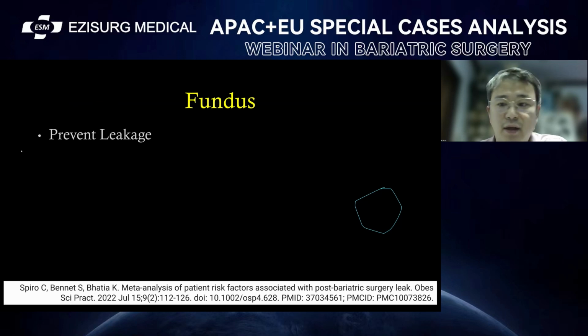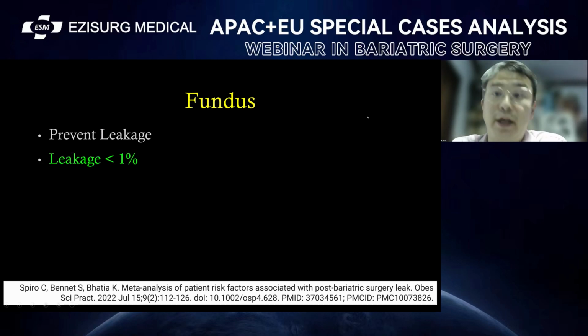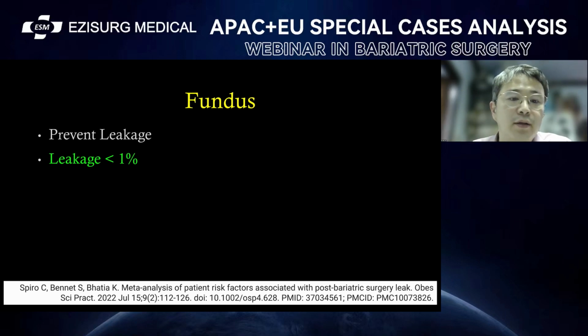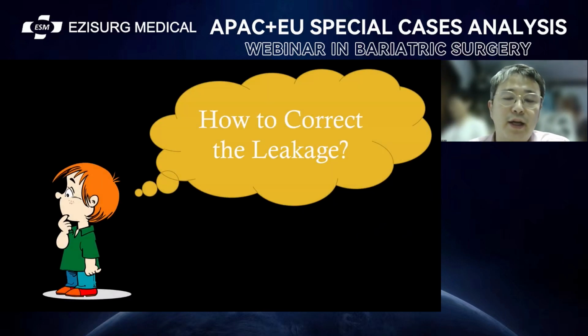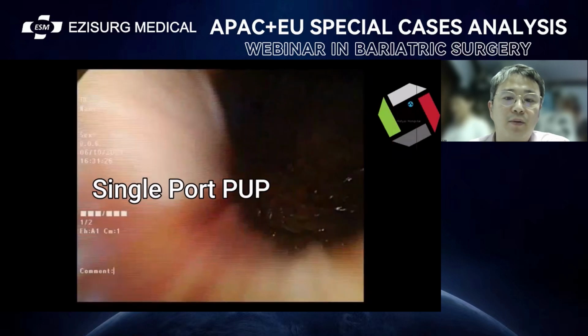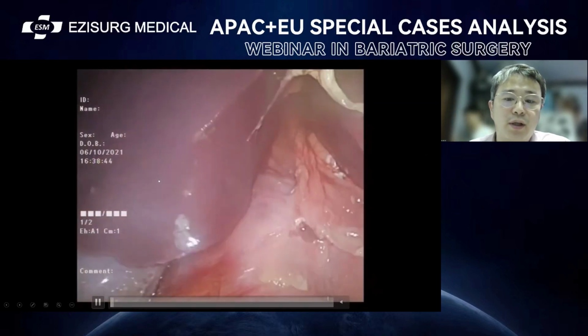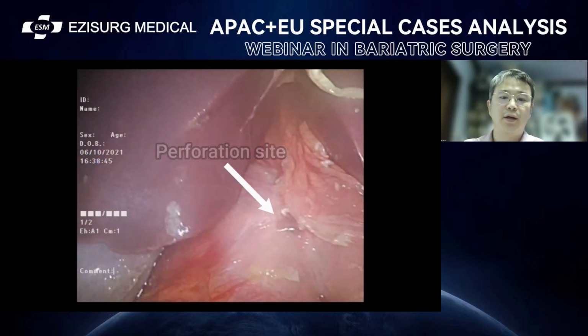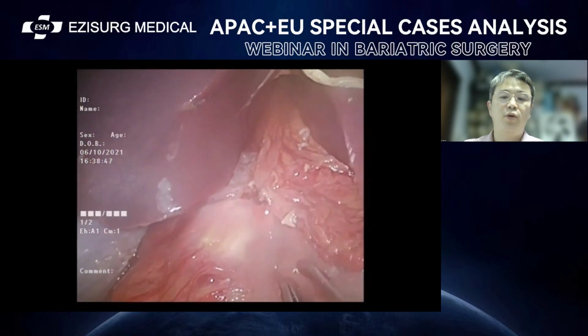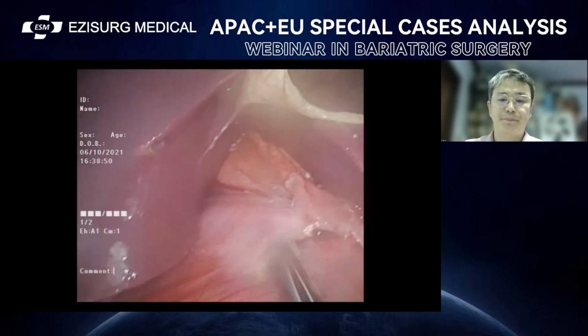We also want to prevent leakage. As talked about before, leakage from the sleeve is not more than 1%, but it is very difficult to correct. If leakage occurs, I think it's the same as a PU perforation, because when we do PU perforation repair we also have this data.